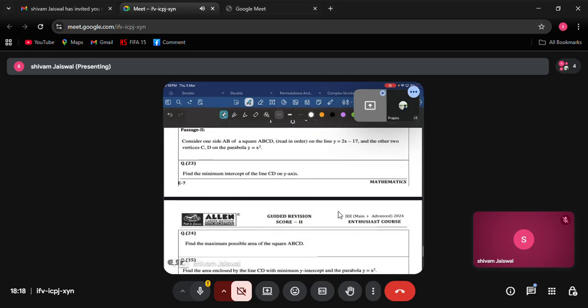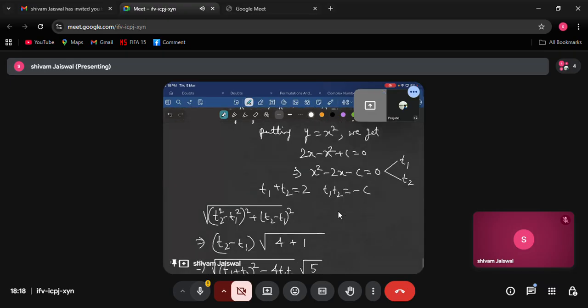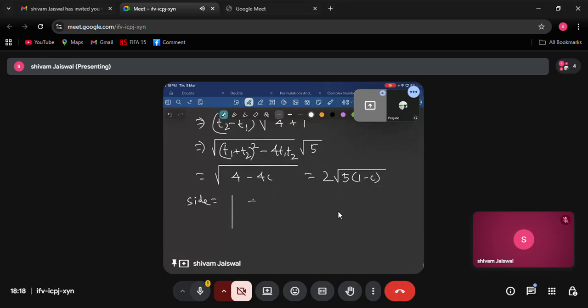So 2x plus 17, 2x minus 17. So it is c plus 17 upon root 5. This will be equal to root 5 into root over 1 minus c. Tell me, is it clear? I mean, the distance between the two parallel lines, right?